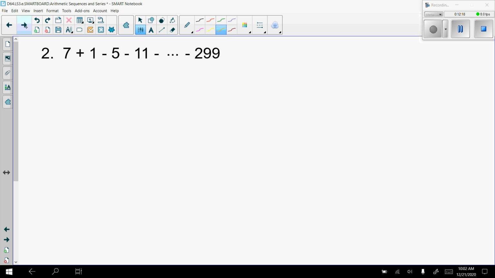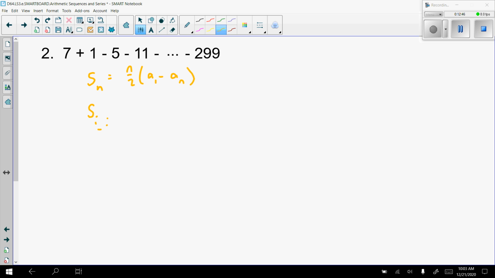Please work out number 2. Please pause the video and do so. Since we are finding the sum, I will first write down the formula for sum, which is S sub n equals n divided by 2 times a sub 1 plus a sub n. So now that is S sub n, but I don't quite know how many terms are here.